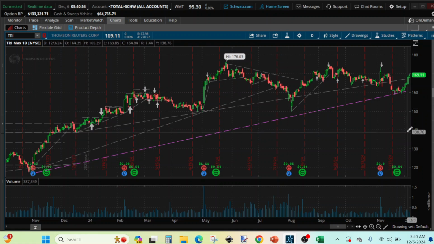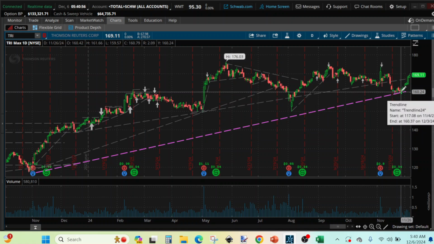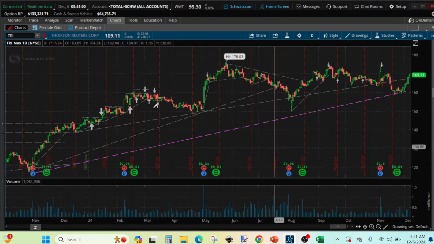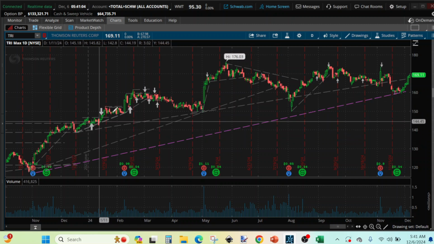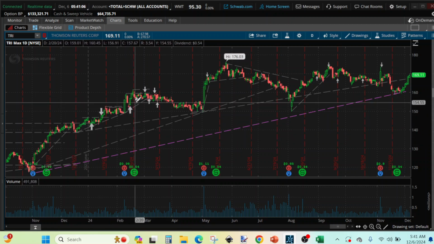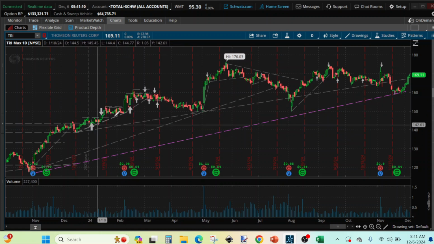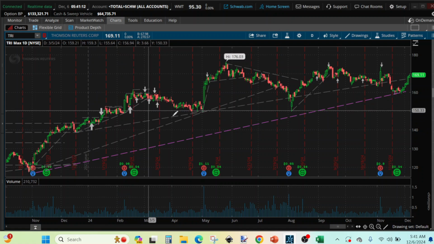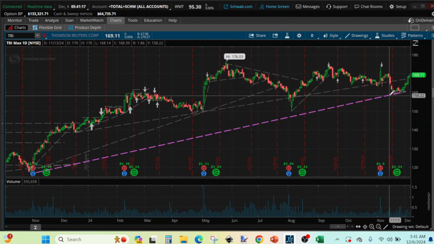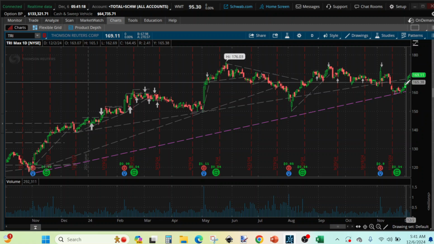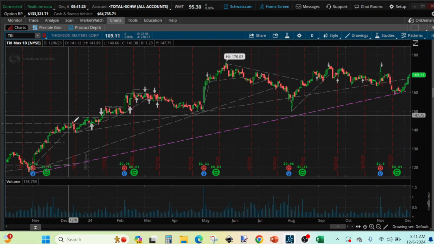That is December, and it started in November. So we could assume that it's going to go up a little bit, all the way to at least January or so. But again, we can wait on it on this purple line, or we can wait for that to pull back to this line here.